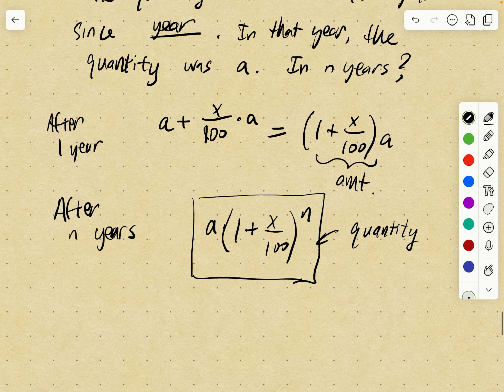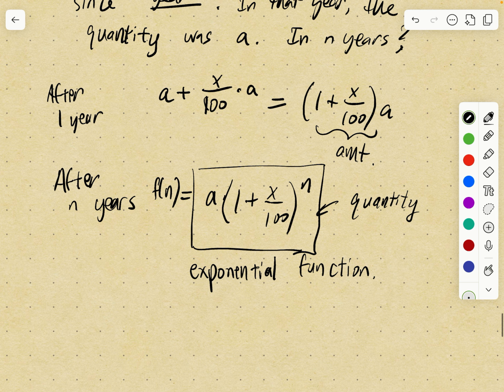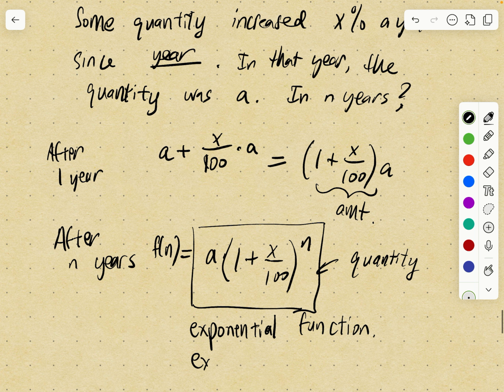And this is an exponential function because it's A times some constant raised to some variable. Here my variable is n, the number of years since my initial year. This would be exponential growth, because if you increase by X% a year, then you're increasing.